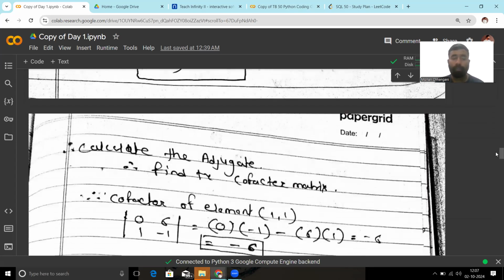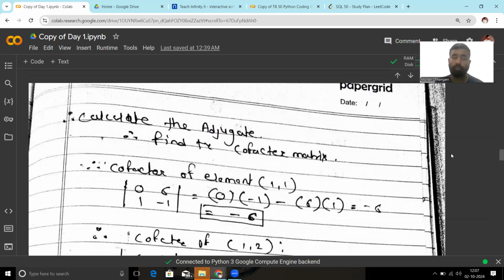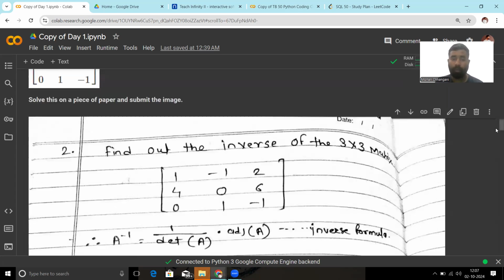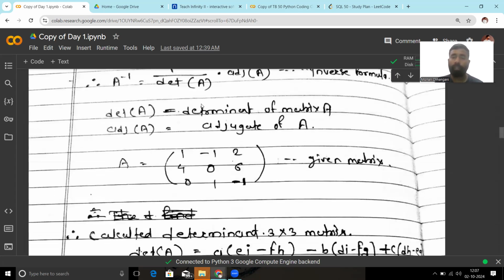After calculating the determinant, we calculate the adjugate. For the adjugate, we first find the cofactor matrix, and the transpose of the cofactor matrix is the adjugate matrix. So first we find the cofactor of the matrix. For the cofactor, we first skip the first row and first column, so we get 0, 6, 1, minus 1.